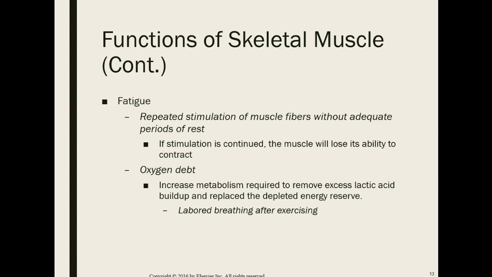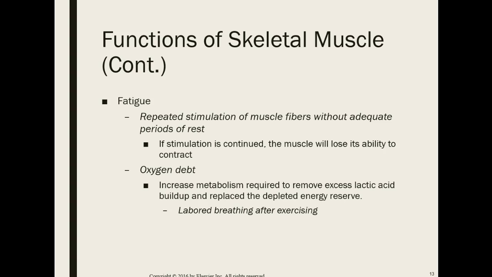Oxygen debt is going to occur when an increased metabolism is required to remove excess lactic acid buildup and replace the depleted energy source. An example of oxygen debt is labored breathing after exercise.